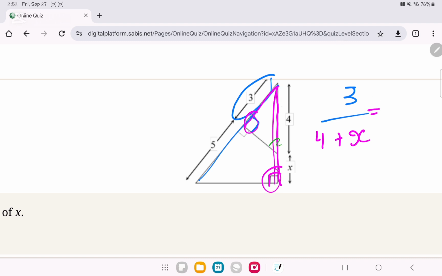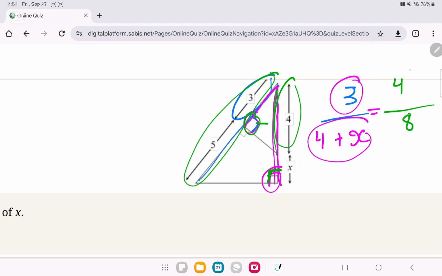Now, opposite to the 90 degrees, we have the hypotenuse of the big one, which is 5 plus 3, which is 8. And here, opposite to the 90, we have this hypotenuse, which is 4. So now 3 over 4 plus x is equal to 4 over 8.